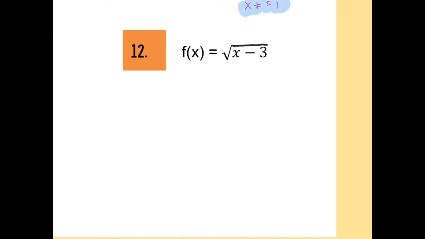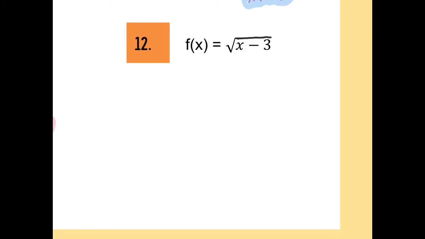Number 12 says f of x equals the square root of x minus 3. So everything underneath the square root gets set greater than or equal to 0. X minus 3 would be greater than or equal to 0. Add the 3. And x would be greater than or equal to +3.